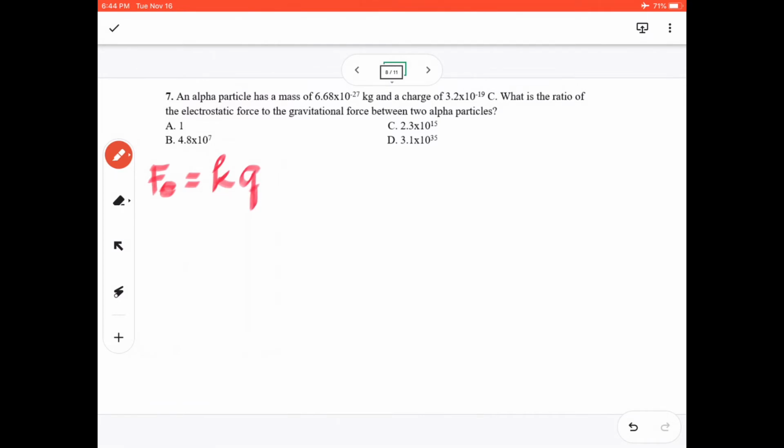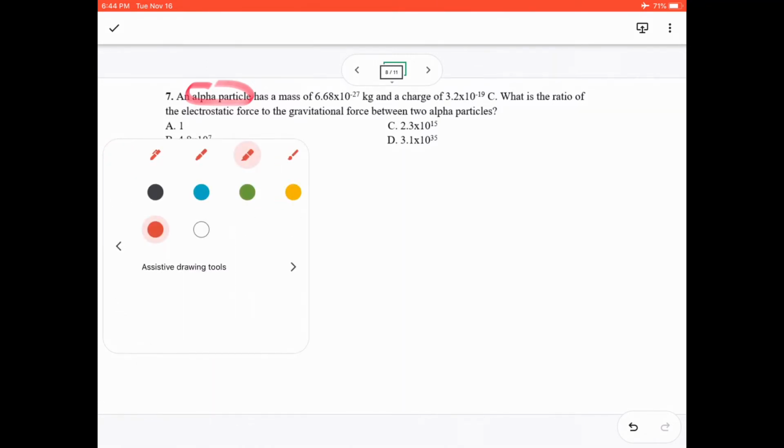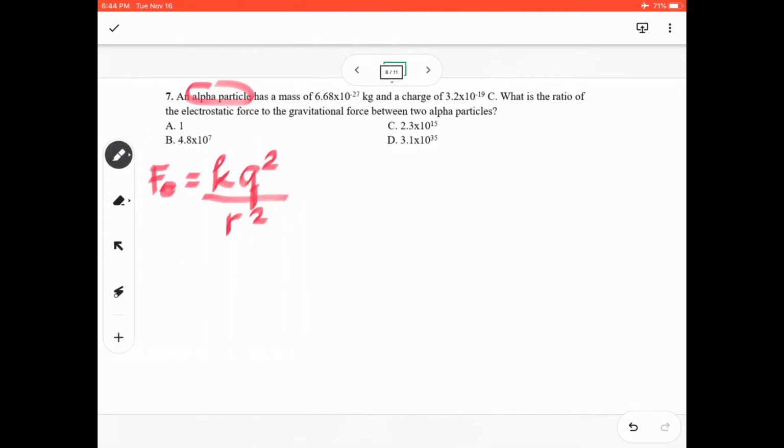Q1Q2, we know, but in this case we are only dealing with one kind of particle, an alpha particle. So instead of Q1Q2, we'll just have to square that: Q squared divided by R squared. And now we have another formula, the gravitational force Fg, which is equal to G times m squared divided by r squared, since there's only one kind of particle.